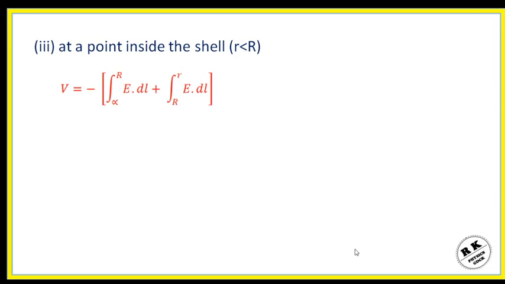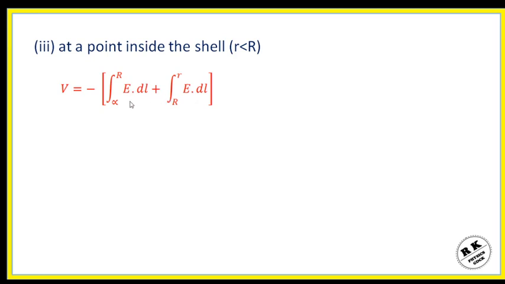Now let us see what happens for potential. Again, in order to find out the potential at a point inside the shell, we have to divide the integral into two terms, that is from infinity to the boundary capital R and from the boundary to the point inside the shell, because the value of E differs in these two regions.